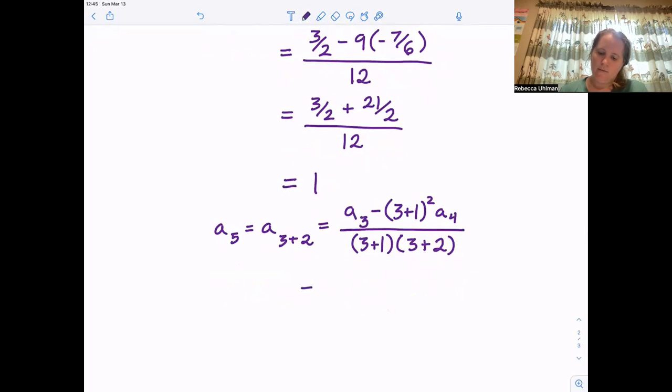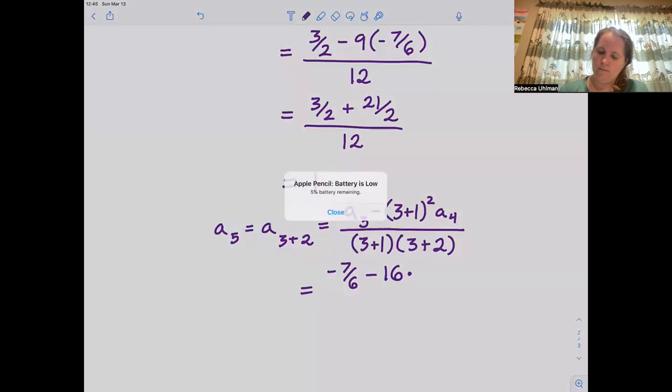And that becomes a sub 3 was -7/6, 3 plus 1 is 4, squared is 16 times a sub 4, so times 1.